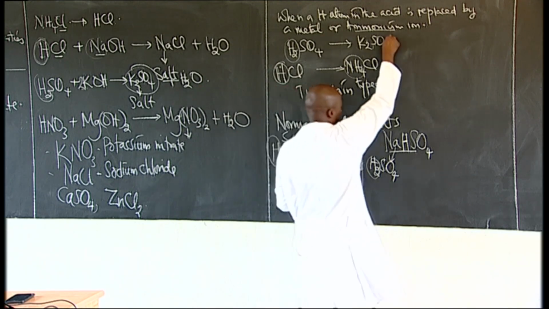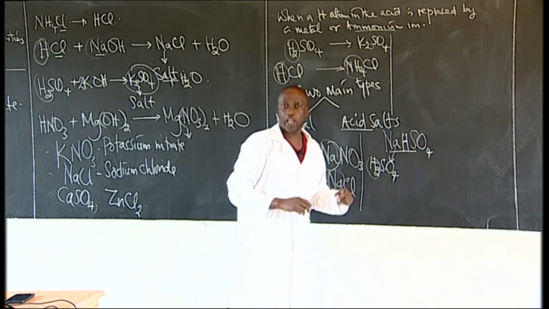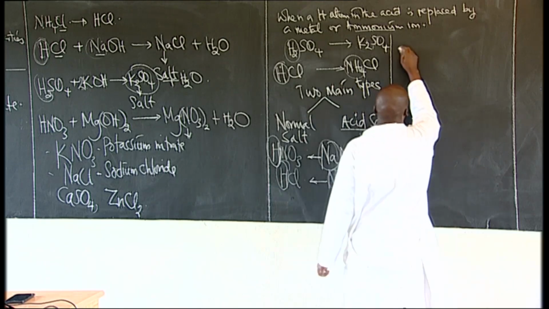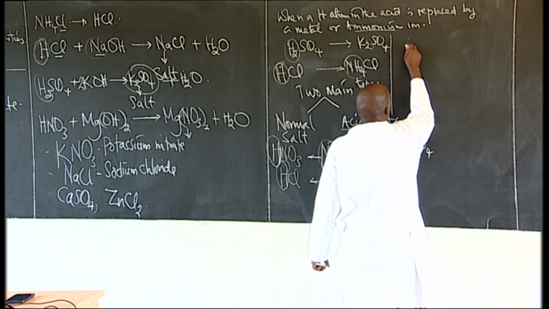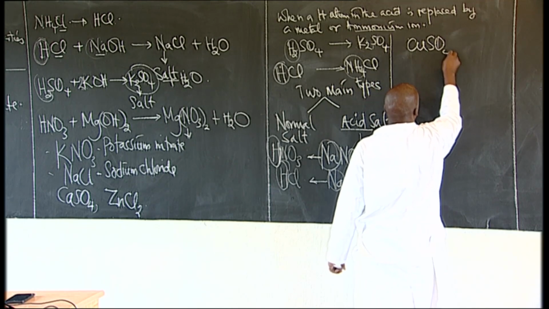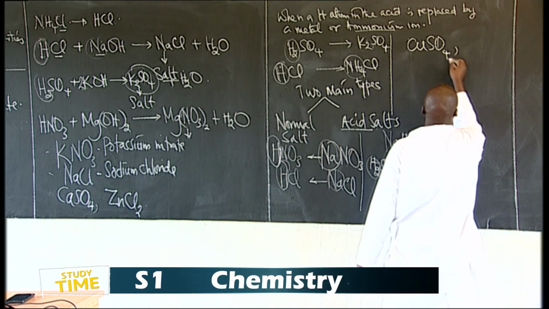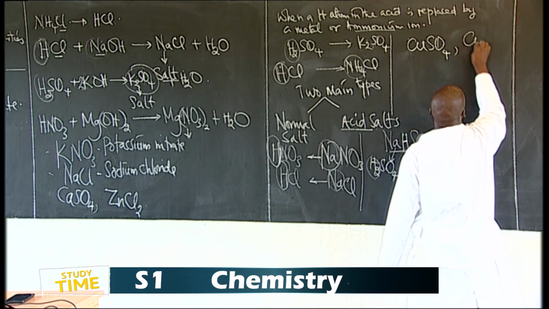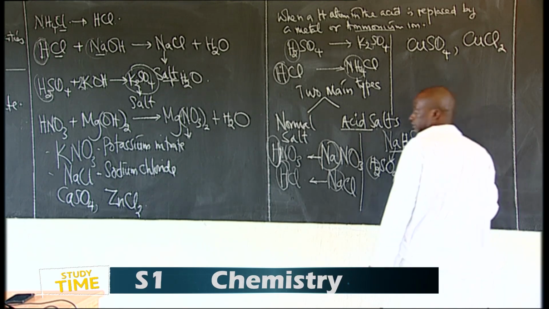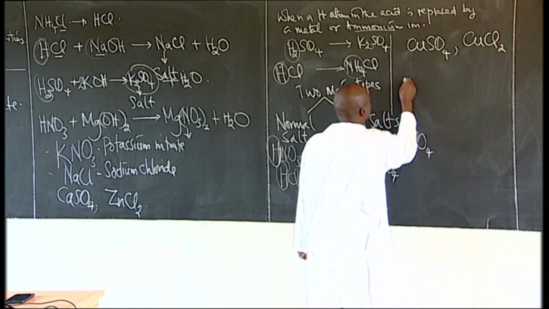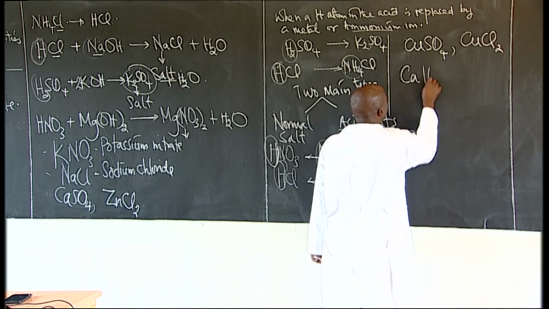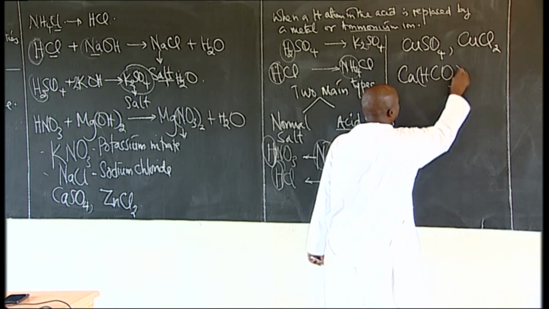Now let me just give you an example. If we have copper sulfate, we have copper chloride, we have calcium hydrogen carbonate.